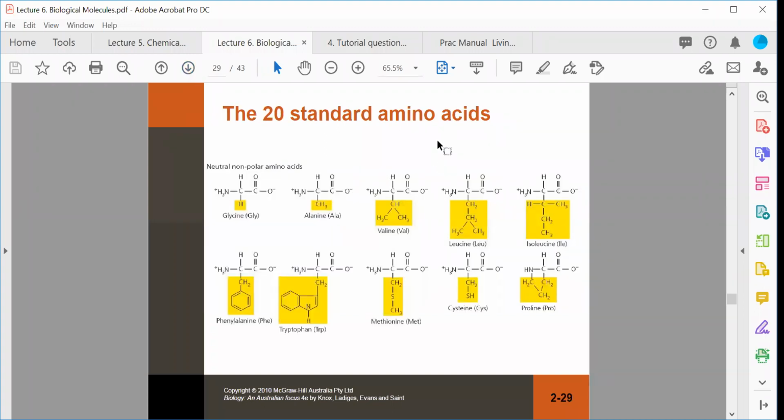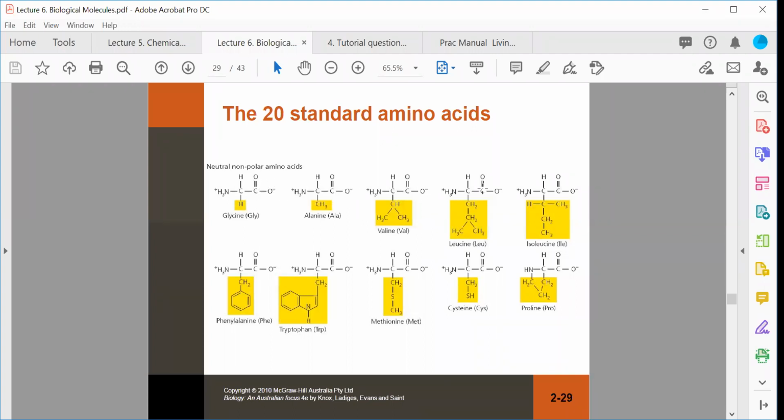Here we have the standard 20 amino acids on this slide and on the next slide. So let's look at the general structure once again. Let's look at this first one here, glycine, which happens to be the smallest of the amino acids. Alpha carbon in the middle, 4 covalent bonds, hydrogen here, amino group here, carboxyl group here.